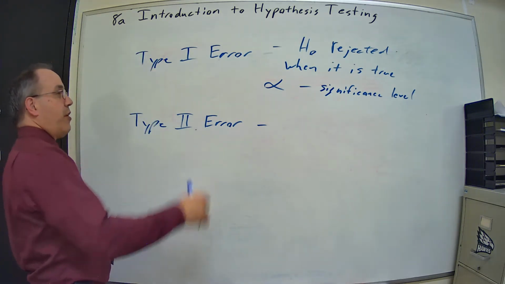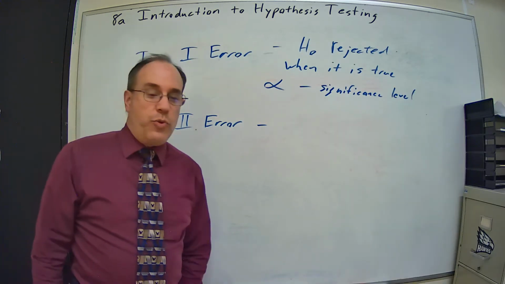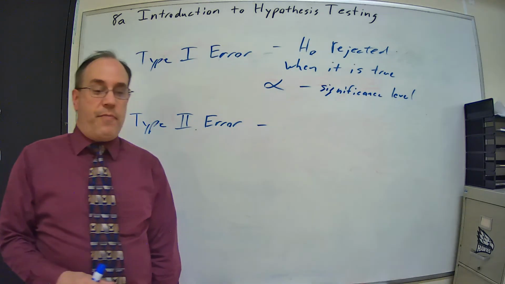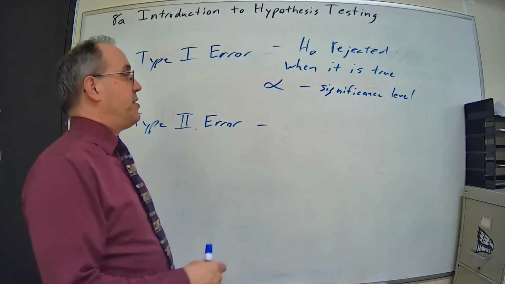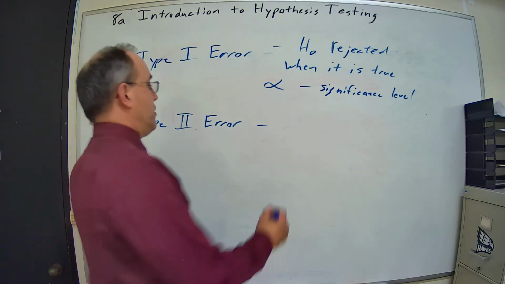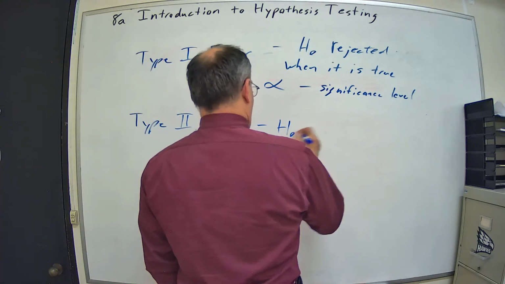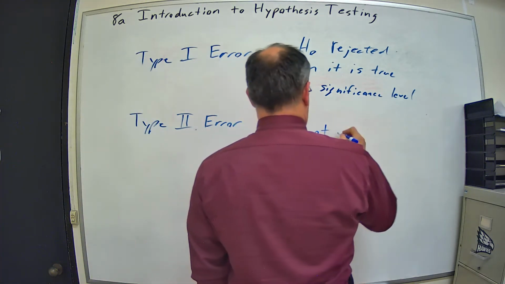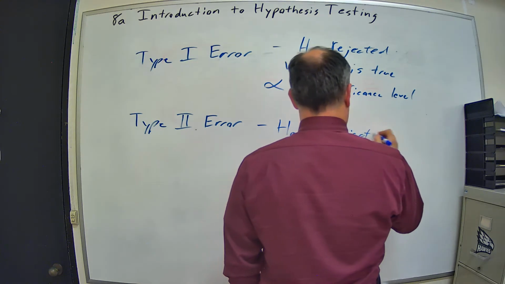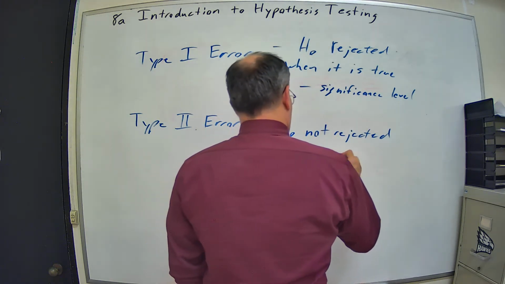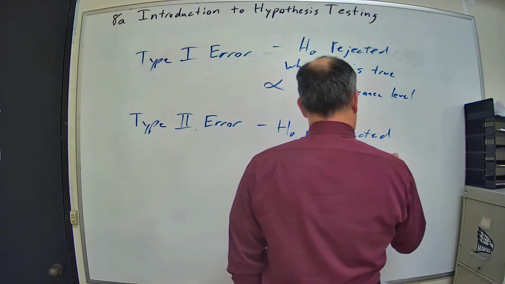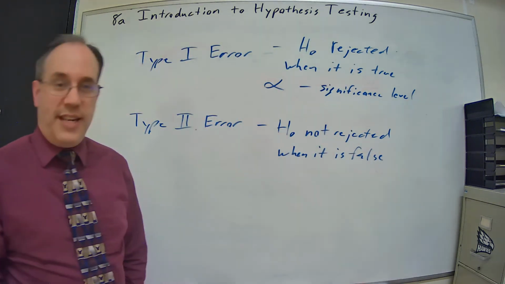A type 2 error is when we didn't reject the null hypothesis when it is false. So the null hypothesis was not rejected when it is false. So basically, when we should have rejected it, we didn't.